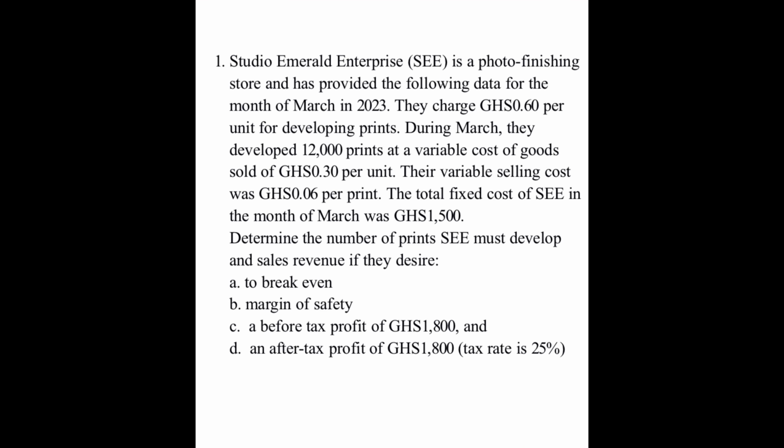Studio Emerald Enterprise is a photo finishing store and has provided the following data for the month of March 2023. They charge 0.6 per unit for developing prints. During March, they developed 12,000 prints at a variable cost of goods sold of 0.3 per unit.